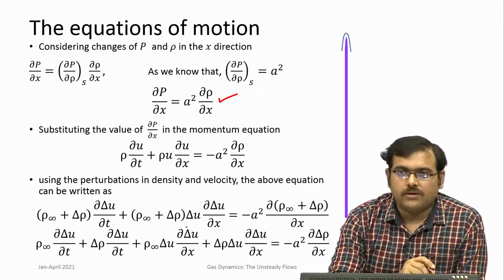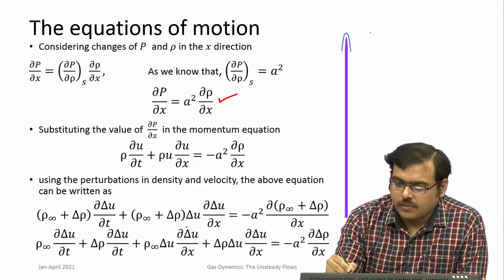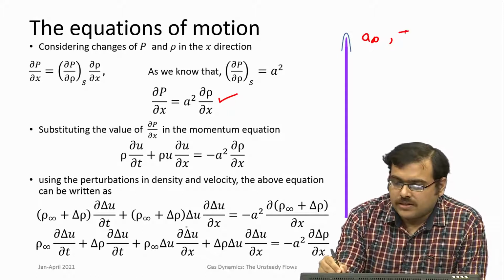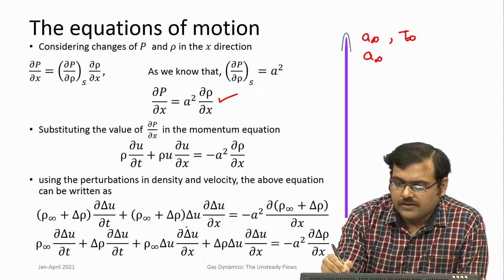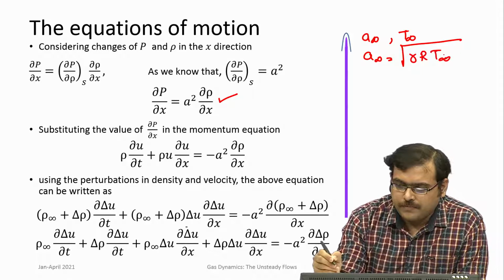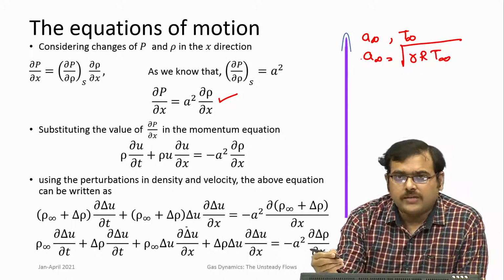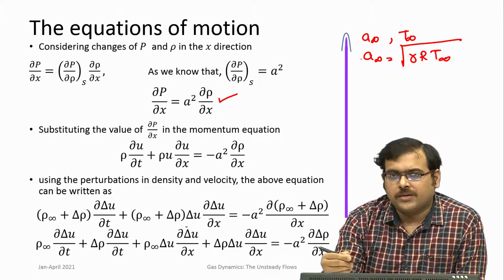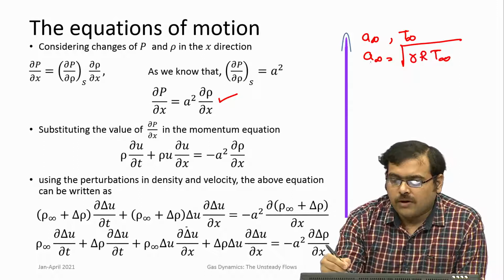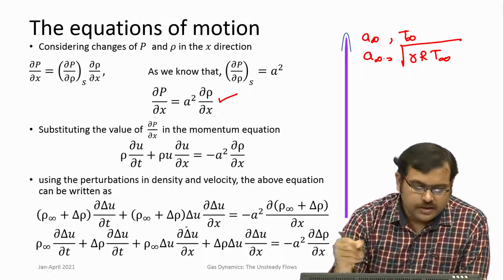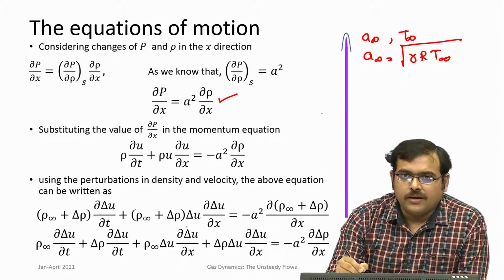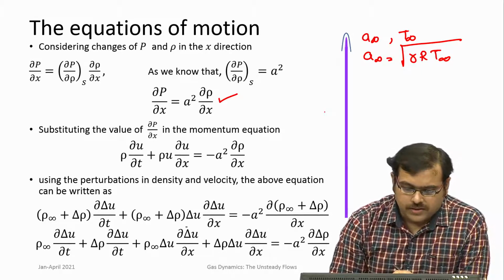But for the quiescent medium there is a speed of sound, a infinity, corresponding to the temperature T infinity. You know, a infinity is the square root of gamma R T infinity. Now, if there are small changes to pressure, temperature, density, correspondingly we would expect small changes to a, and therefore we need to consider them in the equations also.